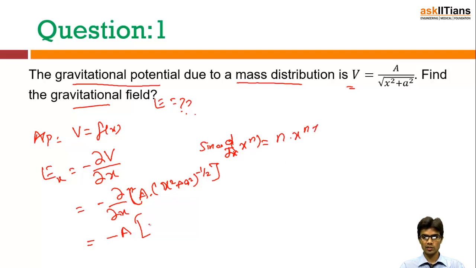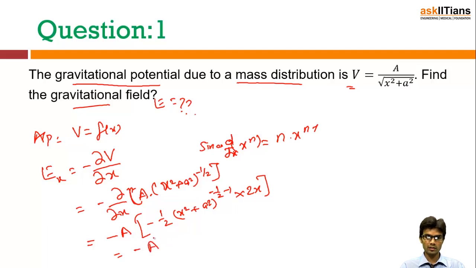Here n is equal to minus 1 by 2, and the value of x is x square plus a square, so the power is minus 1 by 2 minus 1, into the differentiation of the inner part, which is 2x.